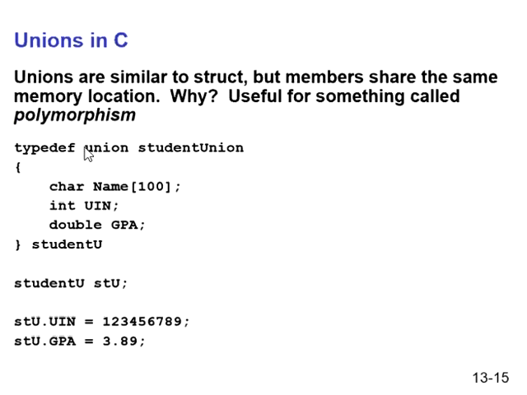That is a data type, and we use typedef, so we have the new name student U, and we can use it for declaring the variable stu, and then we can assign a value to the element. They have the same location, so depending on the value you use, we store a value in that location.